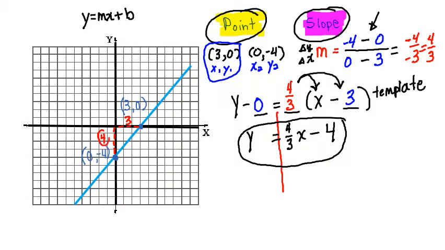And remember, it's the change of the y's, it's a positive 4, and we went over 3, the change of the x's. So we could also just look at it in a coordinate plane by going from point to point. So far up and down, so far back and forth. So I can also find the slope that way. But the big thing is what you need is a point and a slope and the point-slope formula.